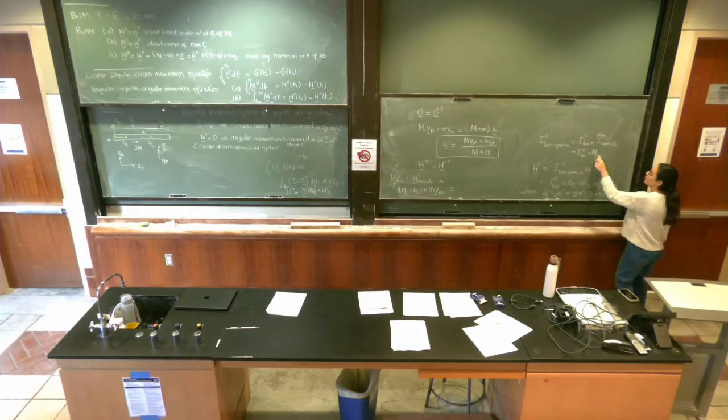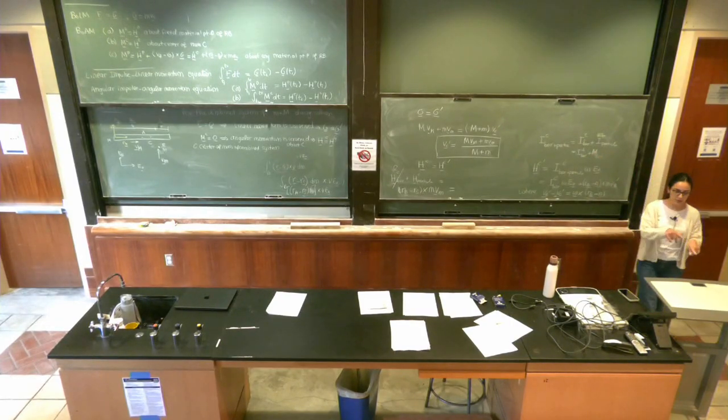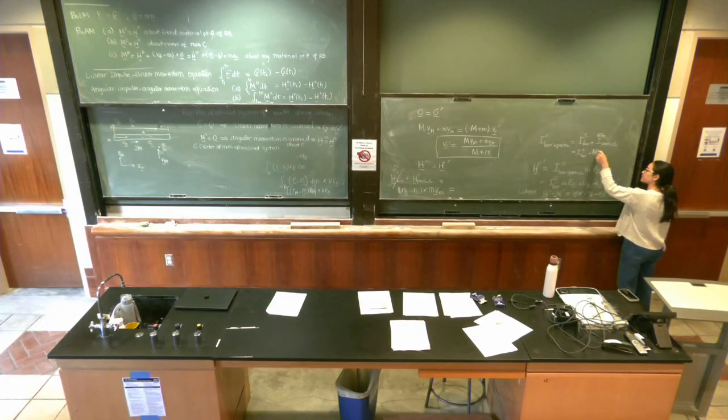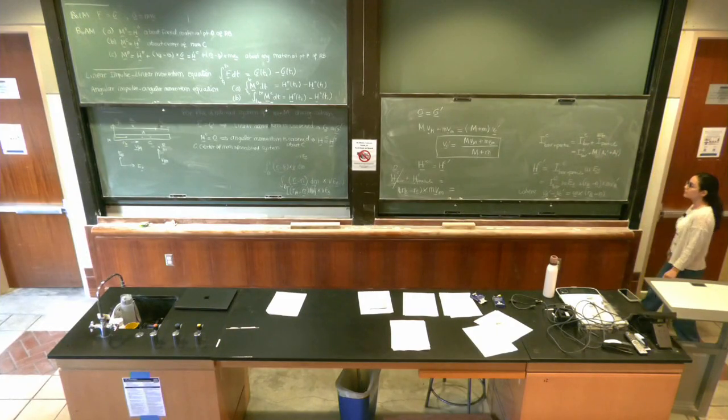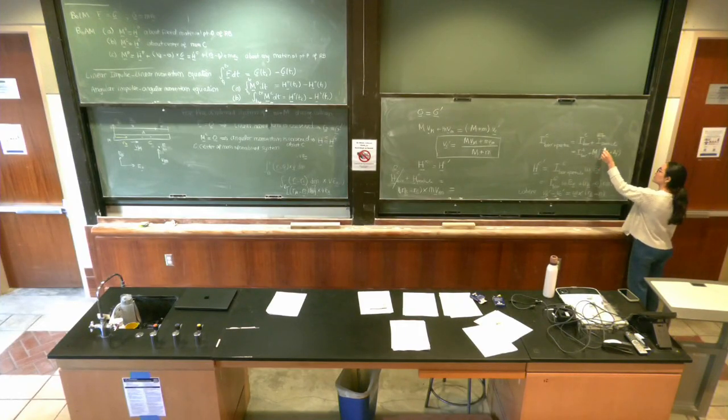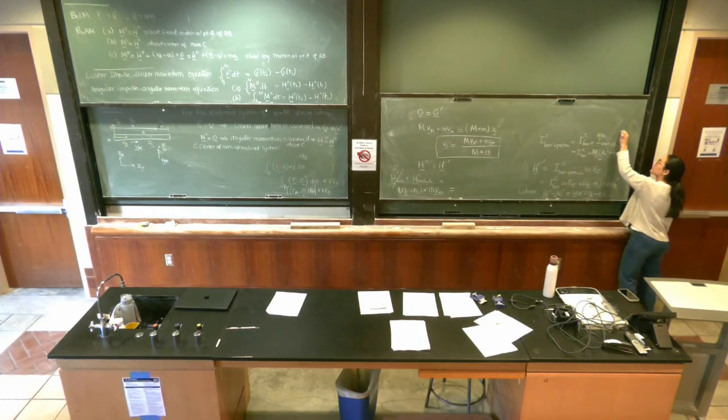Mass of the bar times the distance between C and A, times AX squared plus AY squared, where here RC minus RA.